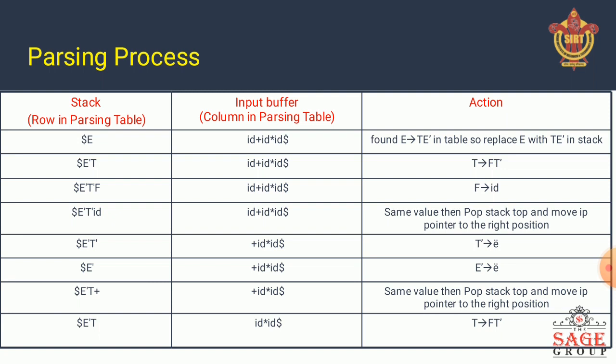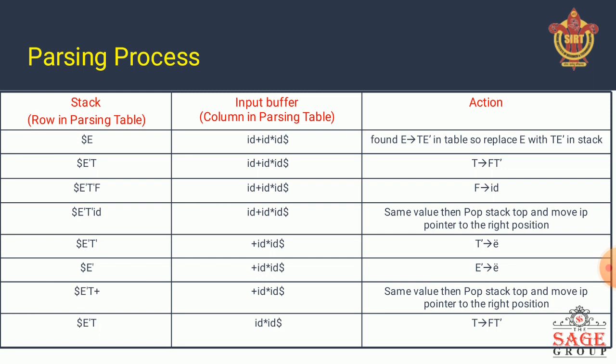Now our stack contains dollar, E dash, T dash, and the input pointer currently points to plus. So the stack top is T dash versus plus. We find T dash produces epsilon. In this situation T dash is replaced by epsilon, which means we just pop it from the stack.